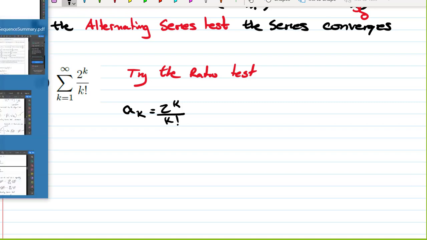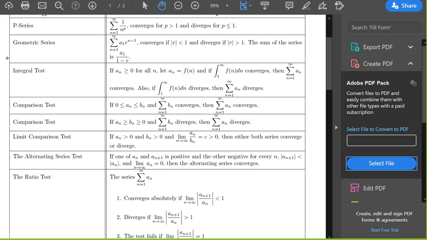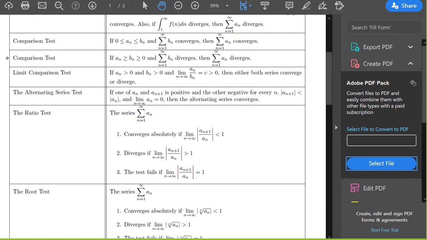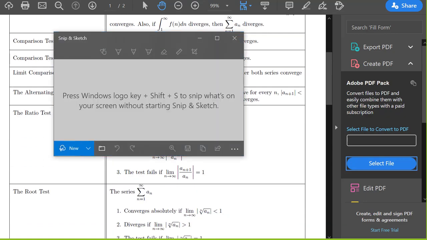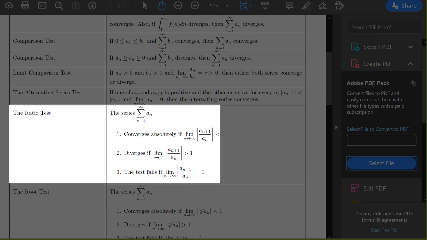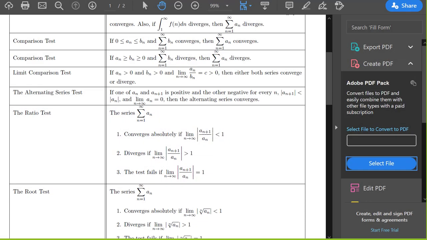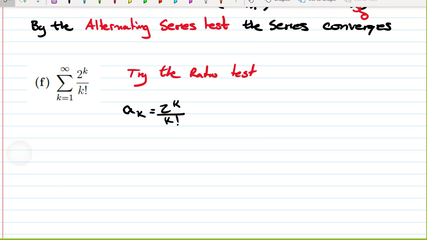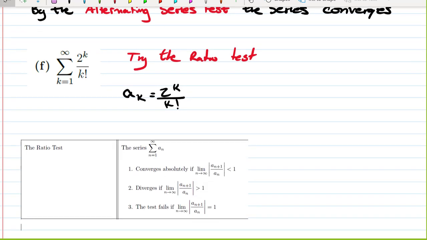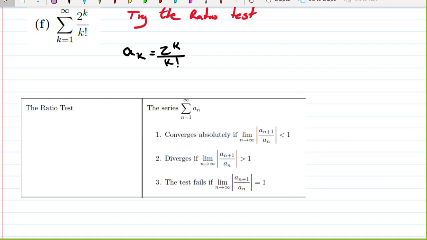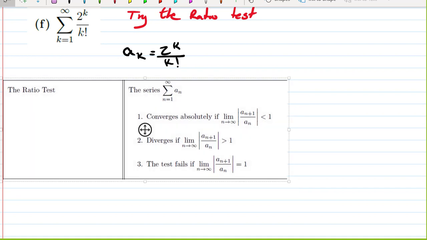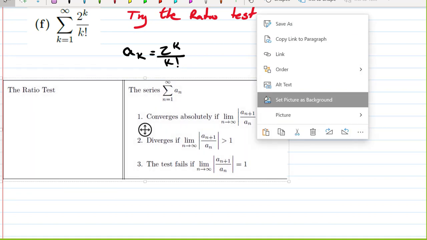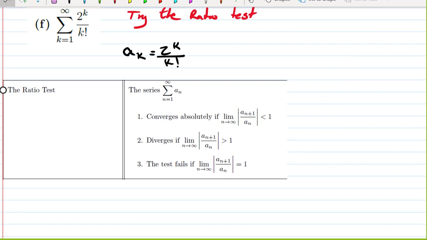And the ratio test says the following. To use our ratio test, our series converges absolutely if the limit as n goes to infinity of the absolute value of a_(n+1) over a_n is less than 1.